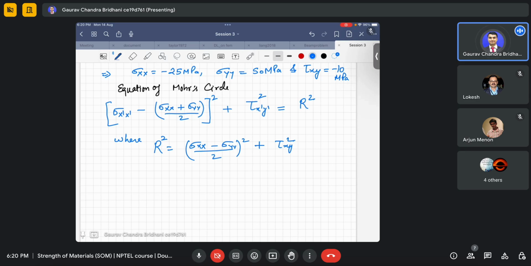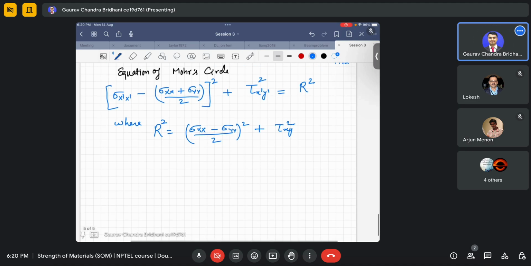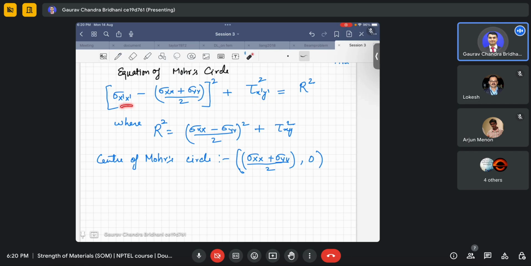From there you can see that the center of the Mohr circle is (sigma xx plus sigma yy) divided by 2, comma 0. There is no term with tau, but there is a term with sigma, so this will be the center.